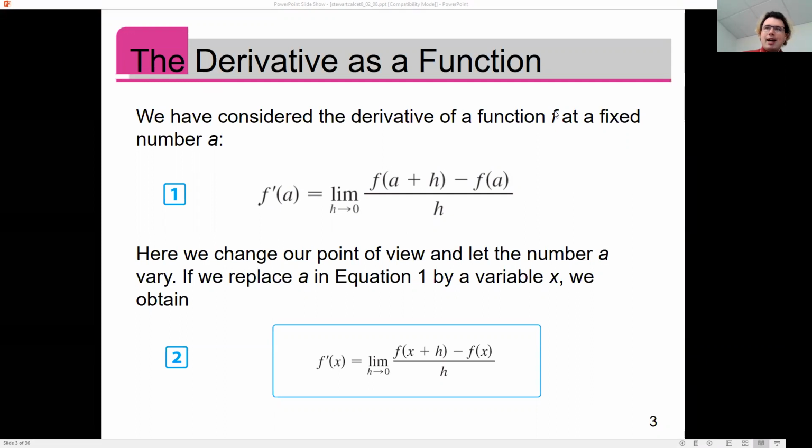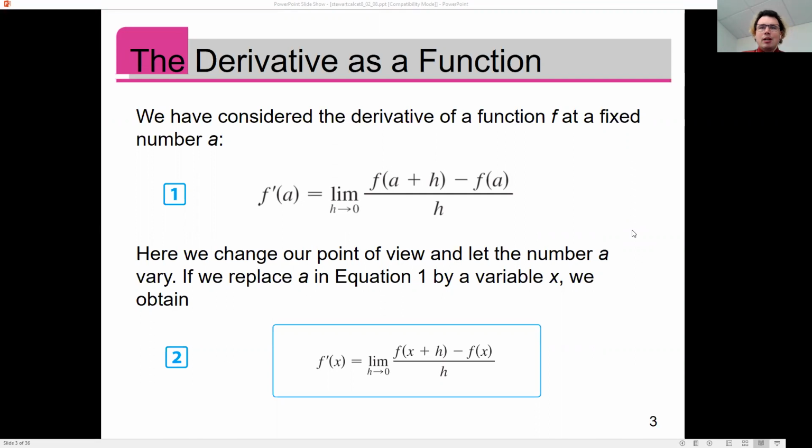So let's say that I have some function f, and I want to find its slope at the coordinate x equals a. So we've already seen the difference quotient formula. We are taking the limit as h goes to 0, and the quantity we are evaluating is f of a plus h minus f of a, all divided by h.